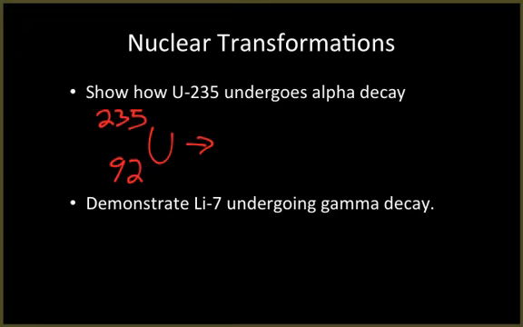And we're undergoing alpha decay. So if you remember, alpha looks like this. 4 and 2. And now we just do the math. So again, 235 is equal to 4 plus, hopefully you're smart enough to know that's 231. And 92 is equal to 2 plus 90.